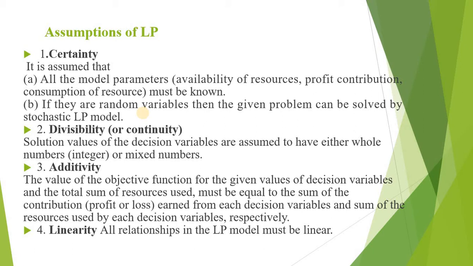Then additivity, in which the value of the objective function for the given values of decision variables and the total sum of the resources used must be equal to the sum of the contributions earned from each decision variable and the sum of the resources used by each decision variable respectively. And finally, linearity: all relationships in the LP model must be linear.